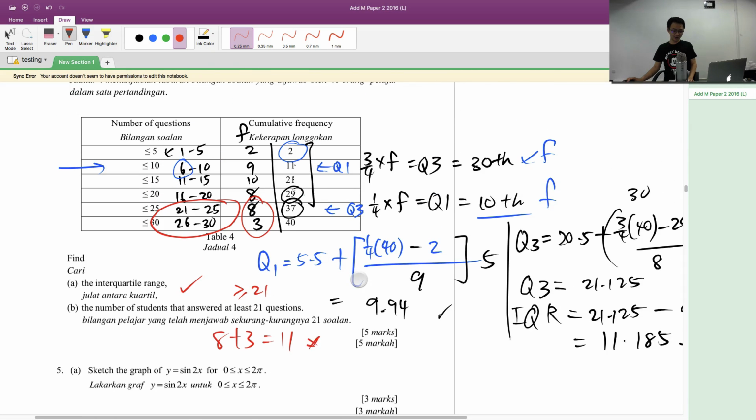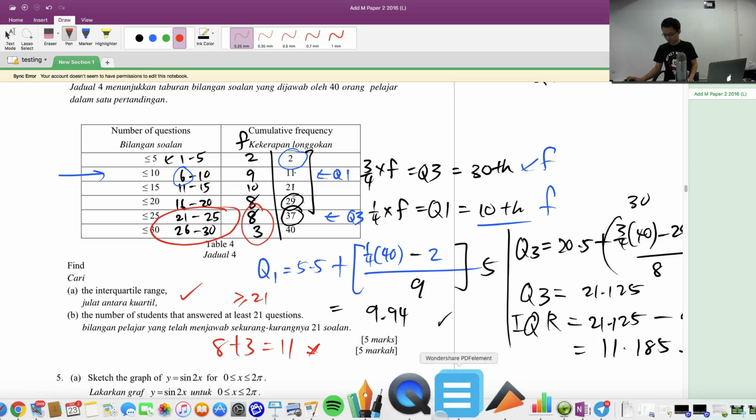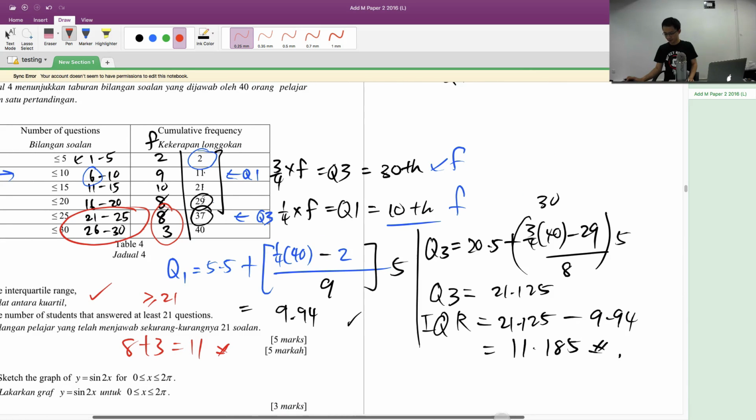How do you find the 2, 9, 10, 8, 8, 3? Let me see. Oh, how to find this one? This one is a frequency.